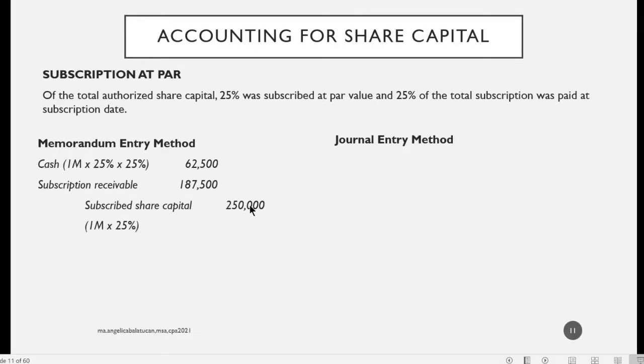In computing for this one, one technique I would do is I will get this amount, and then compute for the cash that was received, and then balancing figure na lang ang subscription receivable. Anyway, katong wala mabayari, mao man gyud siya ang receivable.